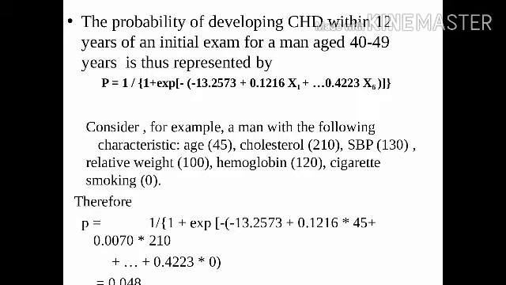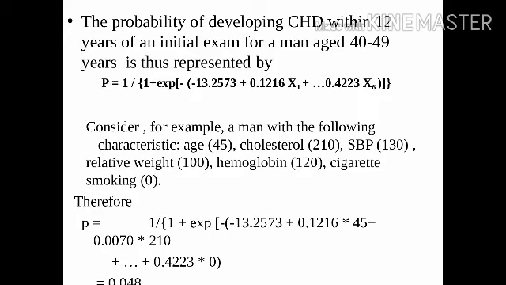That is, p equal to 1 divided by 1 plus exponential of minus (minus 13.2570, that is the constant beta naught, plus 0.1216 into x1, plus etc. plus 0.4223 into x6). This is the logistic regression model.